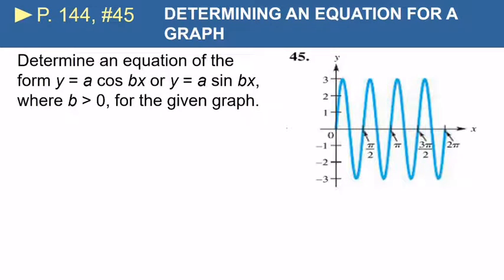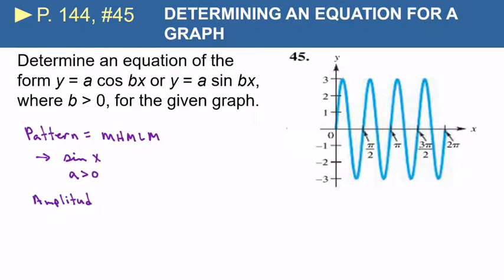These next two are similar to the last two we've done. We're just going to practice for a little bit. Same instructions. So in this one, let's identify our pattern as middle, high, middle, low, middle. And of course we recognize that as a sine function with no reflection. So a is positive. And let's go ahead and get the amplitude.